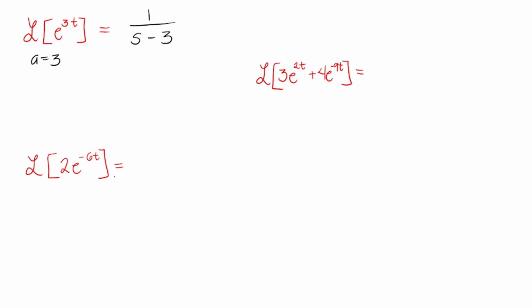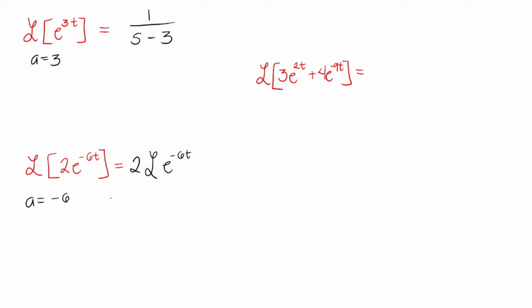So, from here, the Laplace transform of 2 times e raised to negative 6t. So, pwede natin gawin, we can factor out the constant, labas natin sa Laplace transform operator. So, we can rewrite this as 2 times the Laplace transform of e raised to negative 6t. And from here, ang a natin ay equal sa negative 6.